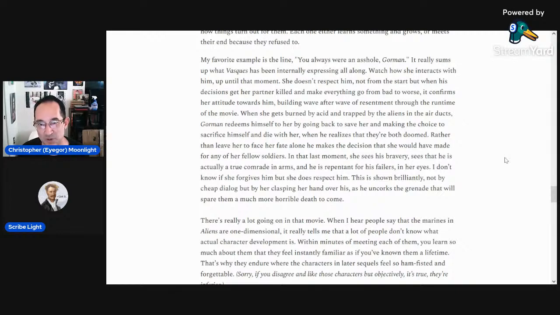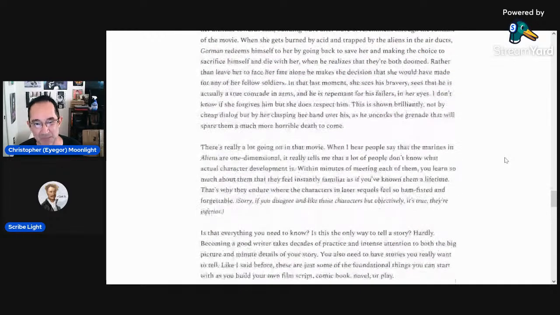In that last moment, she sees his bravery, sees that he is actually a true comrade in arms, and he is repentant for his failures in her eyes. I don't know if she forgives him, but she does respect him. This is shown brilliantly not by cheap dialogue, but by her clasping her hand over his as he uncorks the grenade that will spare them a much more horrible death to come.